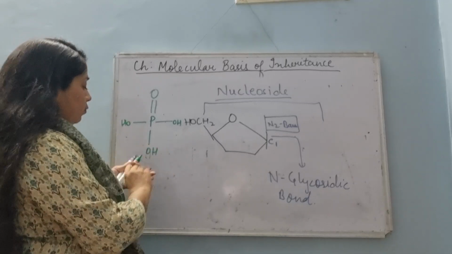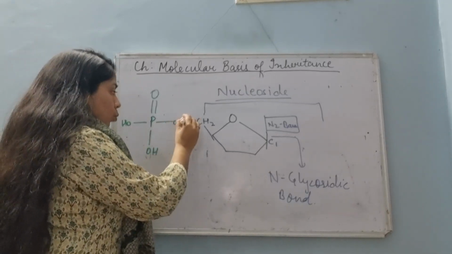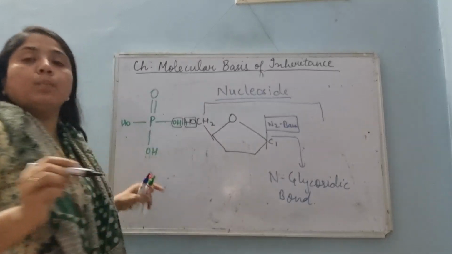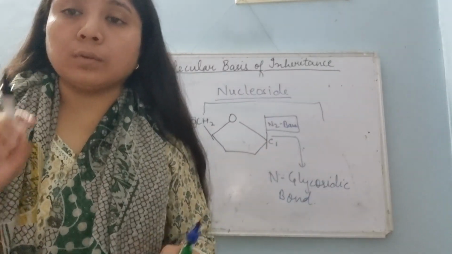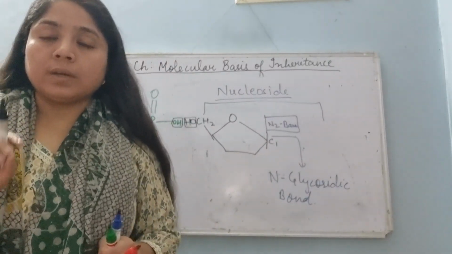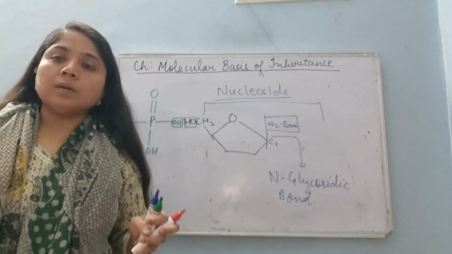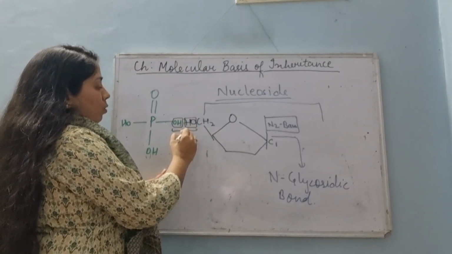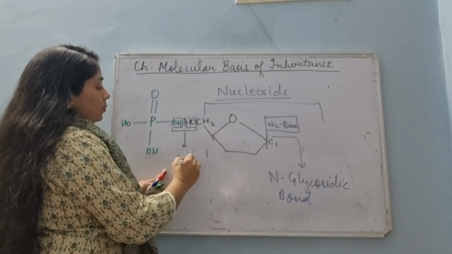So what is this group? OH, alcohol. And what is this group? Acid. And the bond formed between alcohol and acid is called an ester bond.